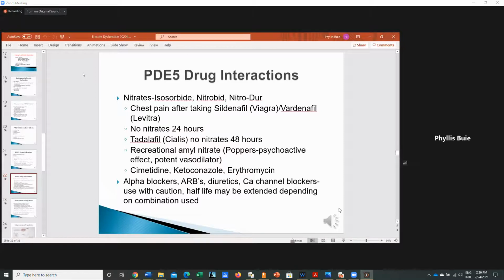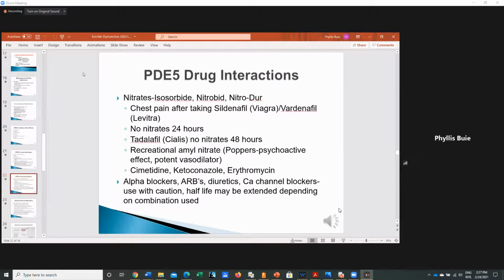Okay, some of the drug interactions that we talked about is the nitrates. You want to be careful about those nitrates with these medications. They should not have any nitrates within 24 hours of taking Viagra or the Levitra. Now, the tadalafil is recommended that they don't have nitrates for 48 hours. Other medications such as your cimetidine, ketoconazole, and erythromycin are also contraindicated.